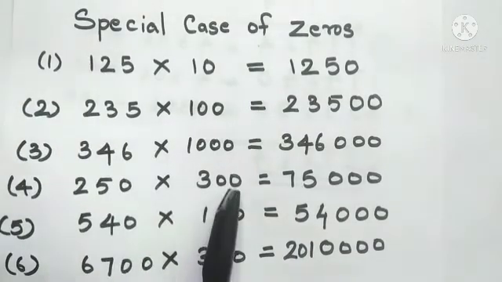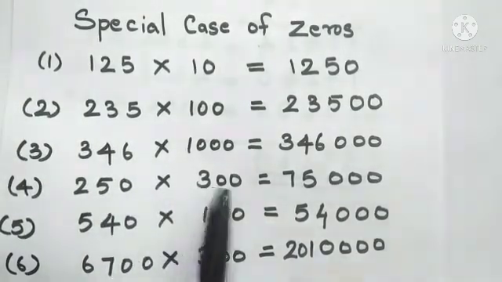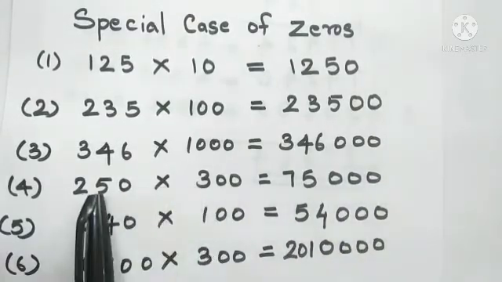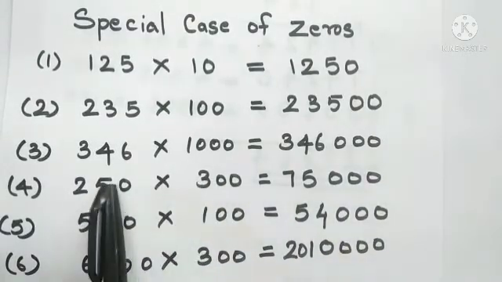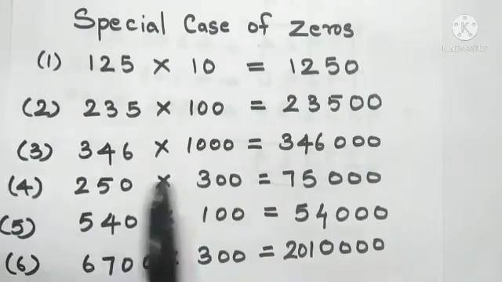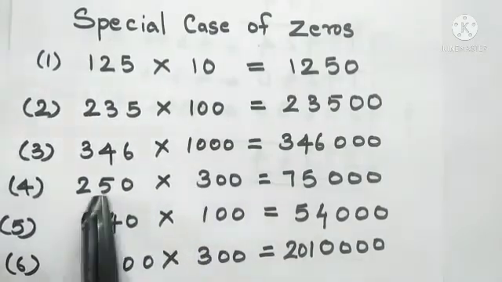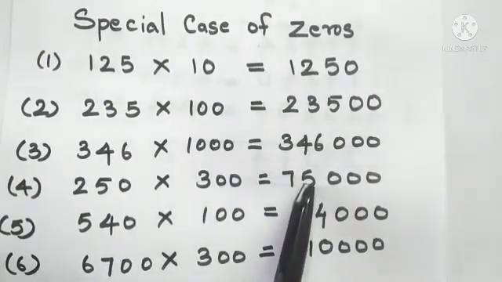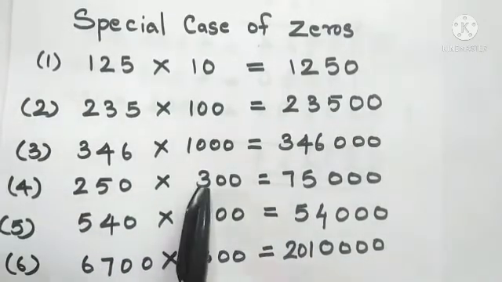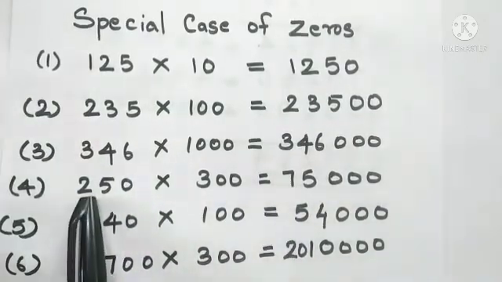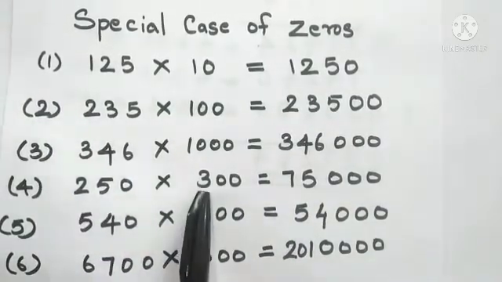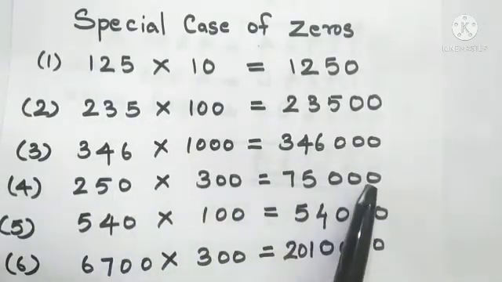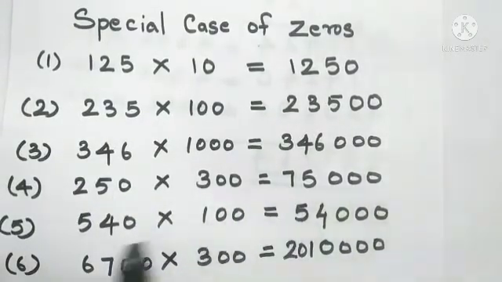So total 3 zeros in the given numbers. Then except zeros, how many digits are there? 25 and 3. 25 into 3. 5 into 3, 15. 1 balance. 2 into 3, 6 plus 1, 7. That means 25 into 3, 75. And then we put these 3 zeros together with the 75.